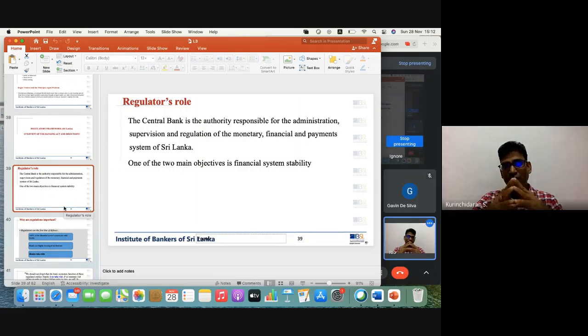One is economic and price stability, the other one is financial system stability. Financial system stability means the financial system in Sri Lanka should be able to withstand any shocks, maybe internal or external, right? So that is the job of regulators.